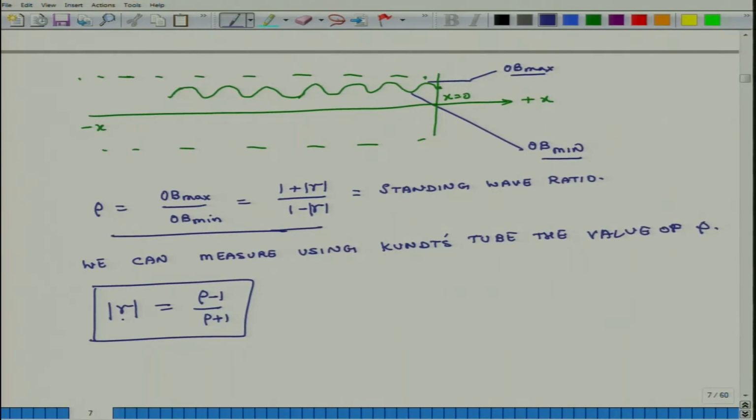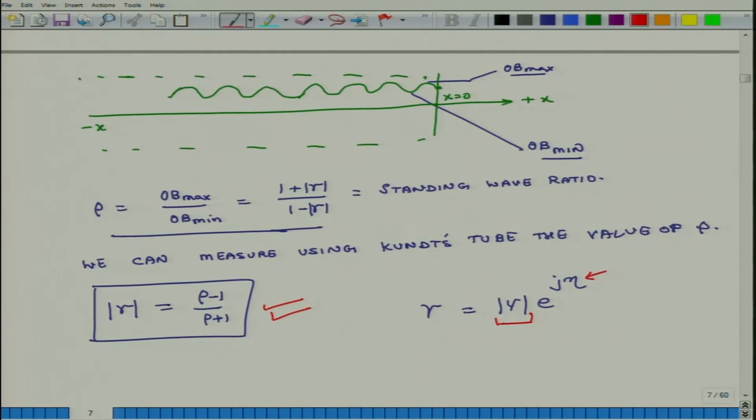So, in this case, we know that gamma has some magnitude and it also has a phase. So, we have figured out how to compute this part. We still do not know how to calculate eta, the phase part. The magnitude part we can calculate using this relation, which links the magnitude of gamma to standing wave ratio, which is rho.